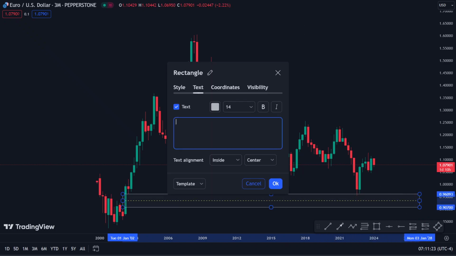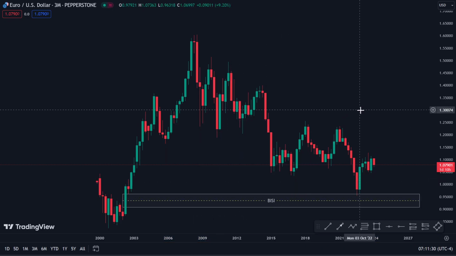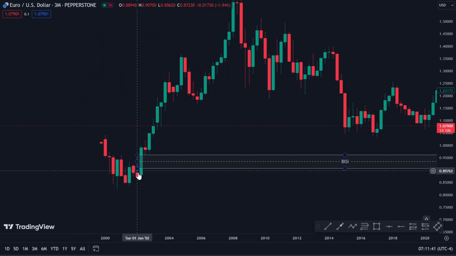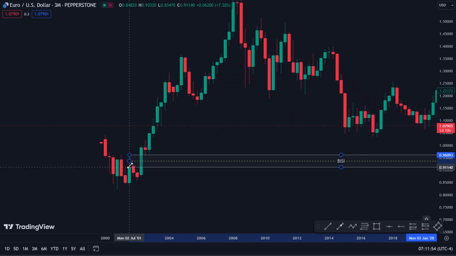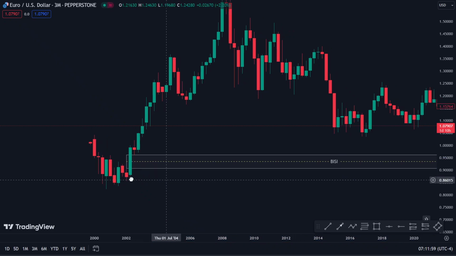And our fair value gap is in the form of a BC, meaning buy side inefficiency, sell side imbalance. Price was delivered on the buy side, and it lacked sell side delivery, forming this BC.